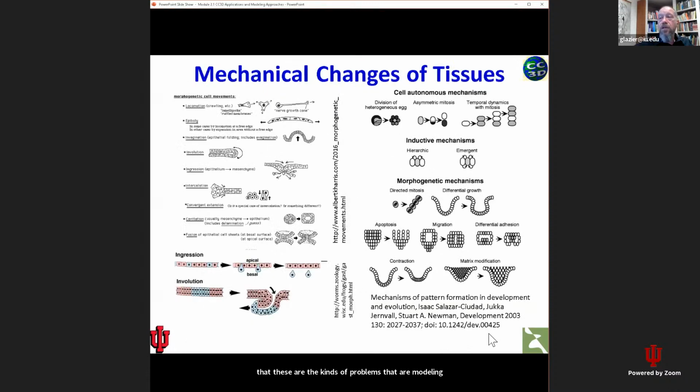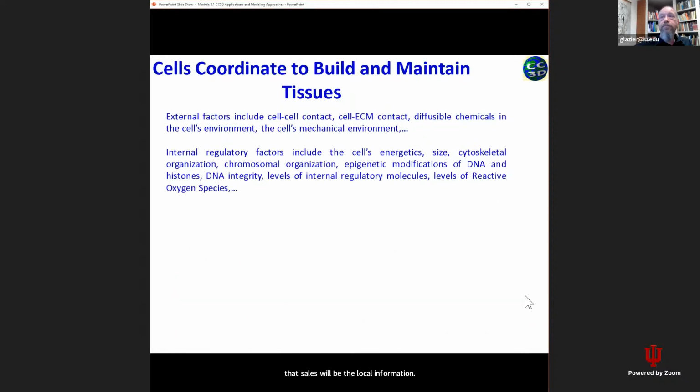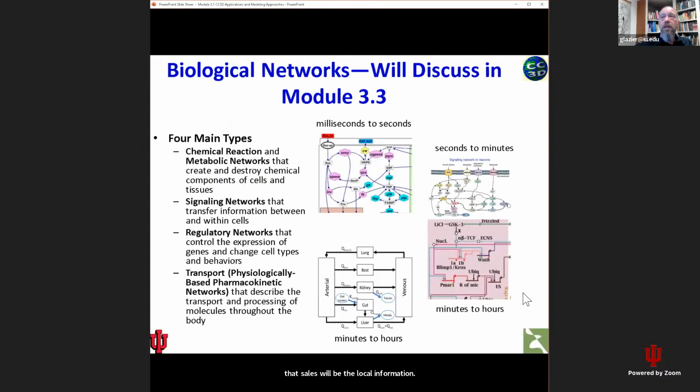There's this nice picture from one of Stuart Newman's papers showing some of the different mechanical changes that occur in cell tissue, and cells organized into tissues. We again have to remember that cells only know local information. How do you get global organization from local information? I think these are things that we would all have to address, and most of the problems we're going to be interested in.